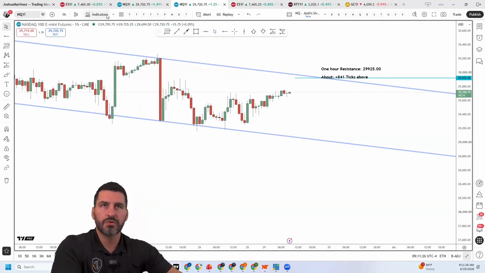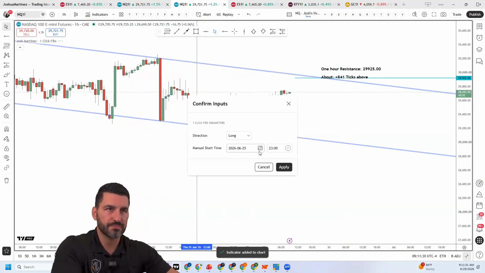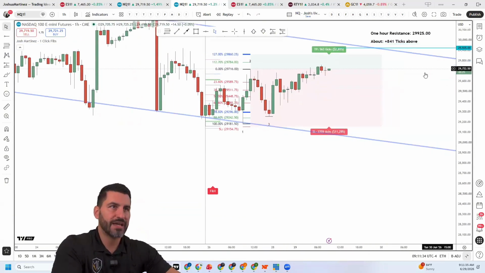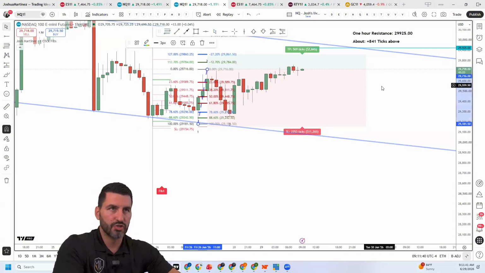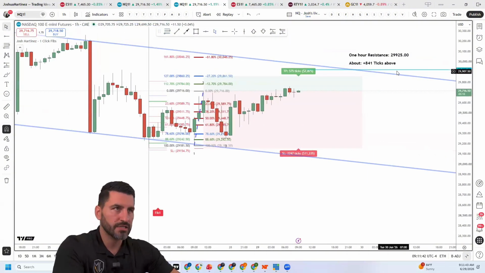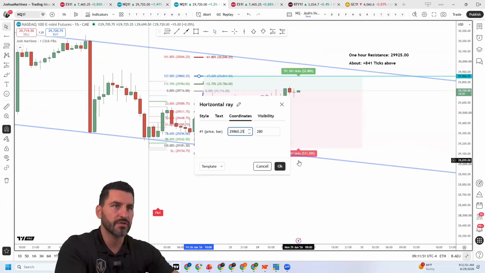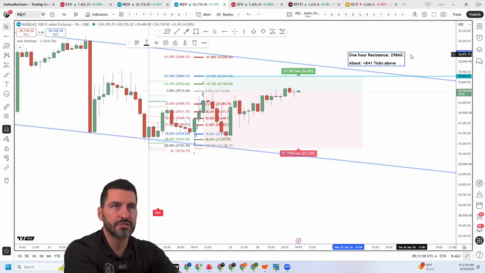What I want to do is put on the Fibonacci sequence starting from this low, working our way up. This is going to fine tune our target. So this morning's target, and this is what we're going to go after, is 29860.25.